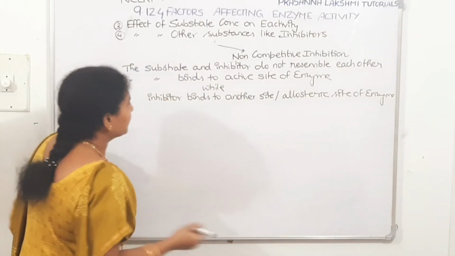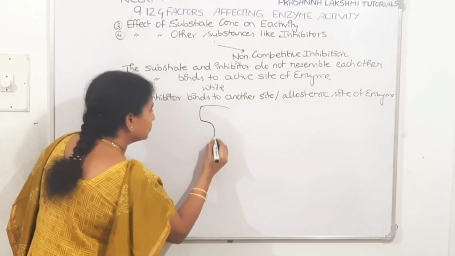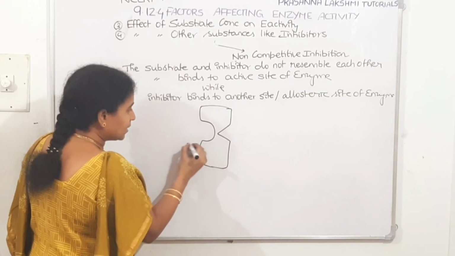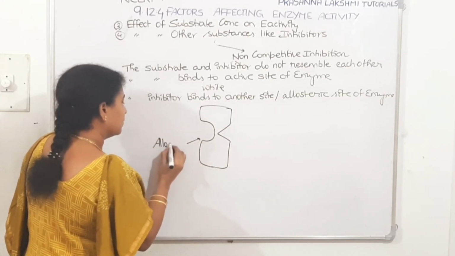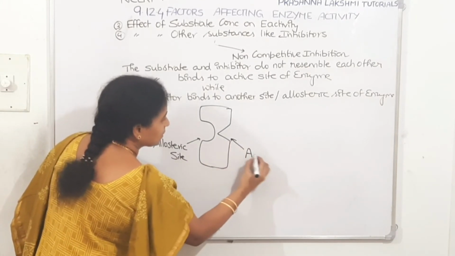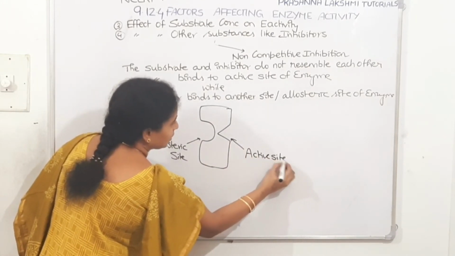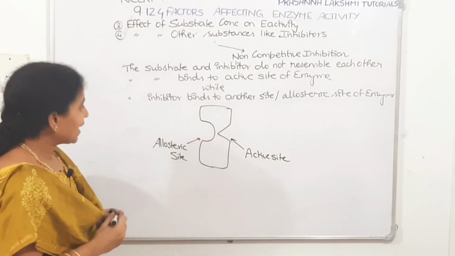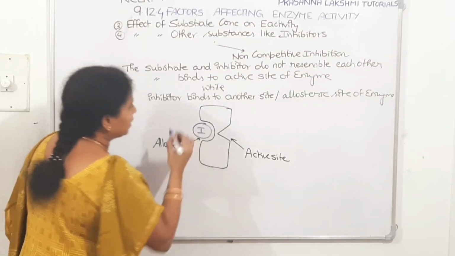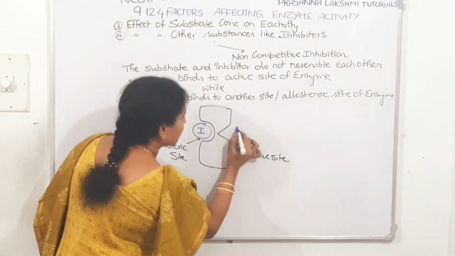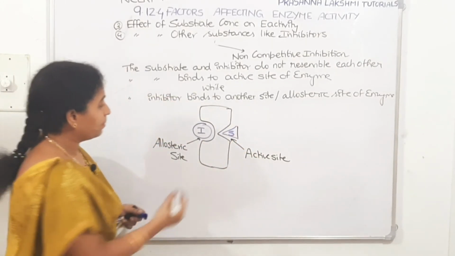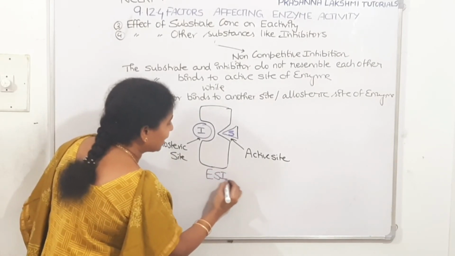If we see that this is an enzyme, this site is the allosteric site and this site is the active site. To the allosteric site, the inhibitor will bind. To the active site, the substrate will bind. Both are binding to their own places. So, the ESI complex can be formed.